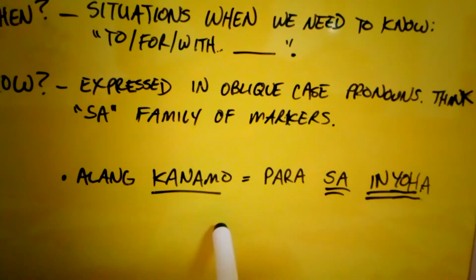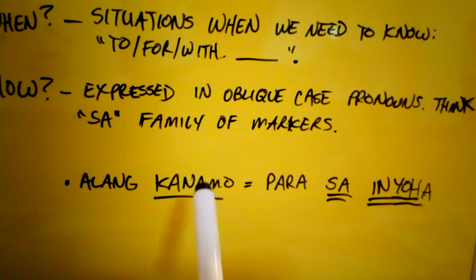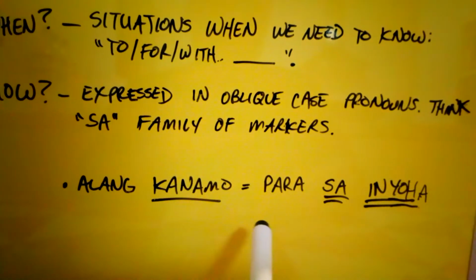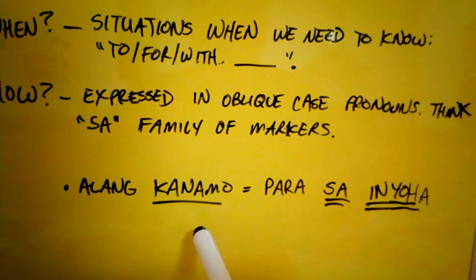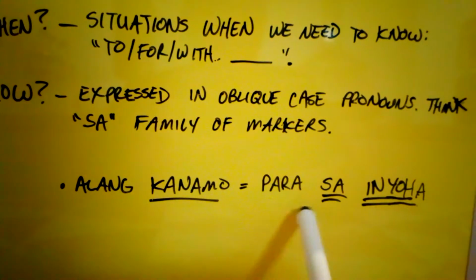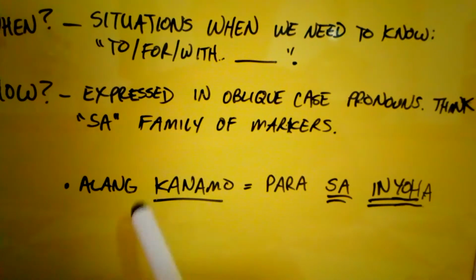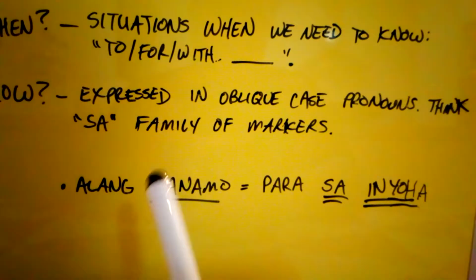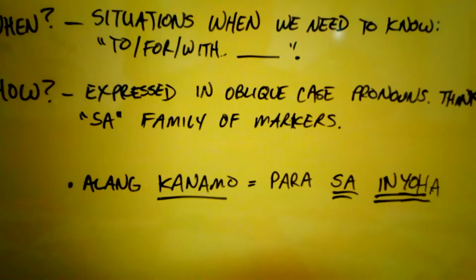You will see this in literature, in formal settings, in news, in general public announcements, right? You will see the oblique case written. But again, you have the option of writing it ergatively. It's just more preferred to write it in the oblique case as it is more fitting and adjusting to the proper oblique case.